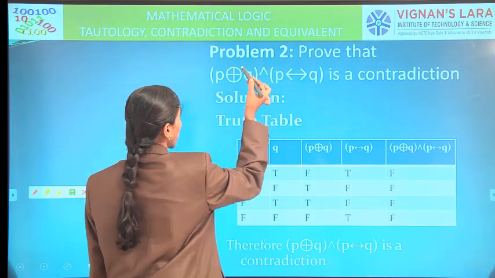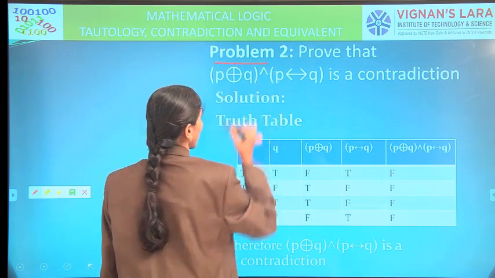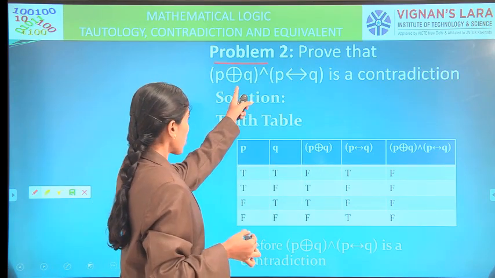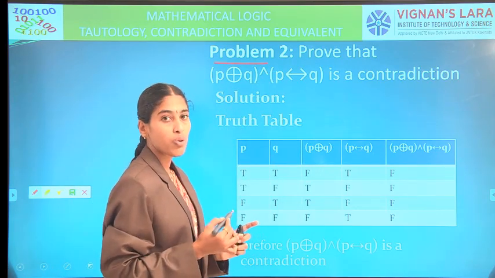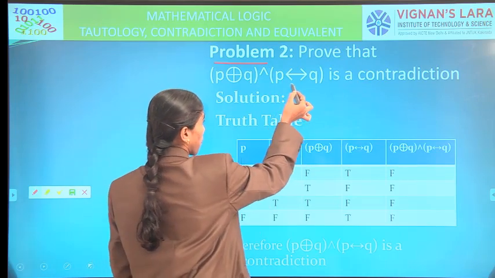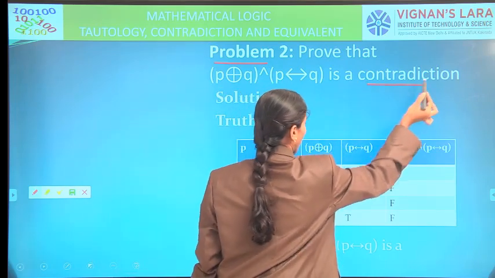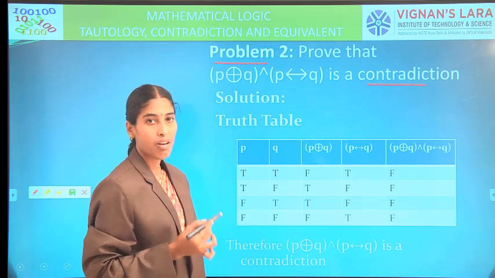Next problem: prove that P exclusive or Q, and P biconditional Q, is a contradiction. What is meant by contradiction?